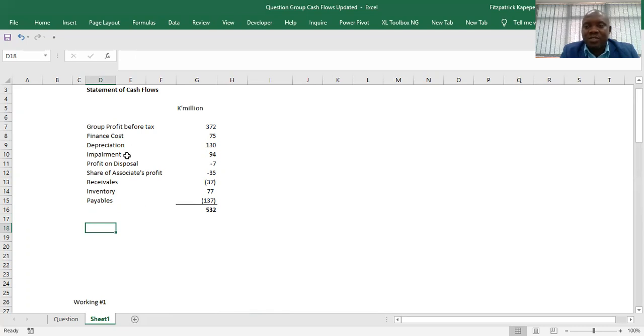So this is where now we're going to have the finance costs and tax paid. We can call it interest paid and tax paid.